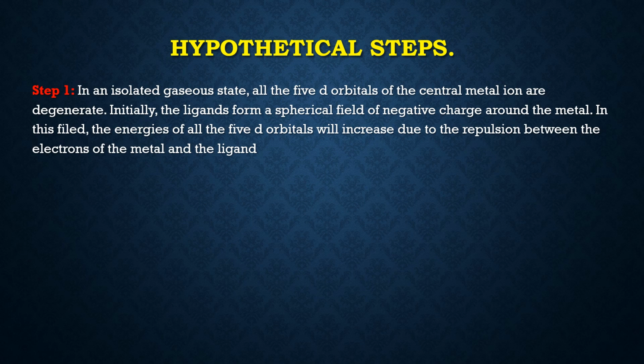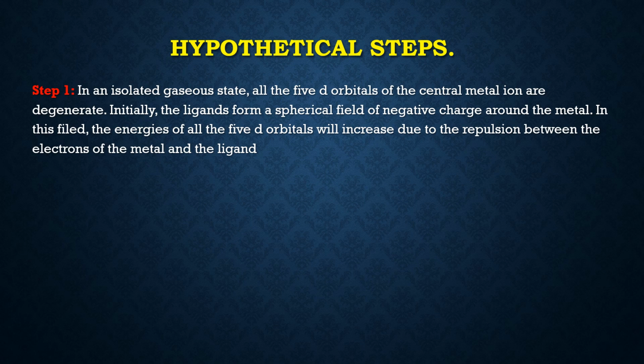All 5 d orbitals of the central metal atom are degenerate. Degenerate means the normal ground state, where nothing happens. When the electron approaches, the energy becomes a little higher. Finally, when the ligand donates a pair of electrons, the distortion takes place.